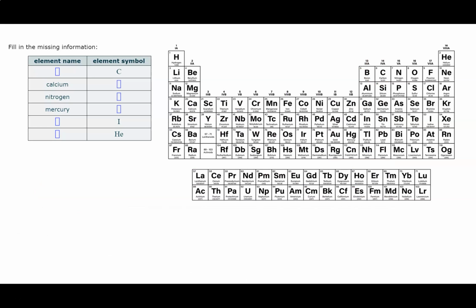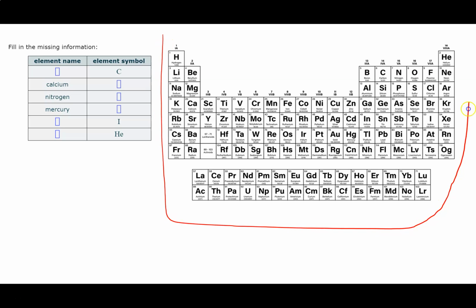All right. So, along with getting a list of atomic names and atomic symbols in text, it's sometimes useful to get a periodic table that has both the symbol and then underneath the symbol to have the name. So if you can find an image or a web page on the internet that has a periodic table that looks like that, that's going to really help you out because you're going to get familiar with where things are on the periodic table, and it's easier to use than using just a text table.